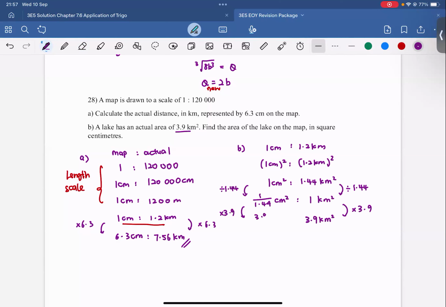So it'll be 3.9 over 1.44 cm square. Press your calculator. 3.9 divided by 1.44. You get 2.70833 cm square. So approximately 2.71 cm square. That's the answer.